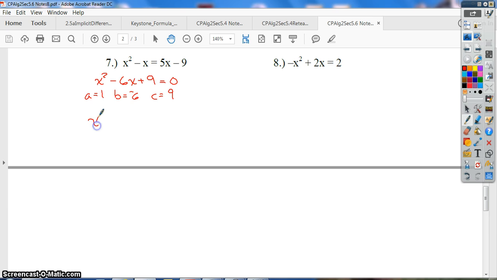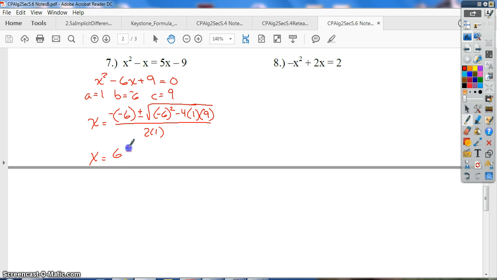We've got negative 6 plus or minus the square root of negative 6 squared minus 4 times a times c, all over 2 times 1. 6 plus or minus the square root of 36 minus 36, all over 2. 6 plus or minus 0 over 2. x is 3.